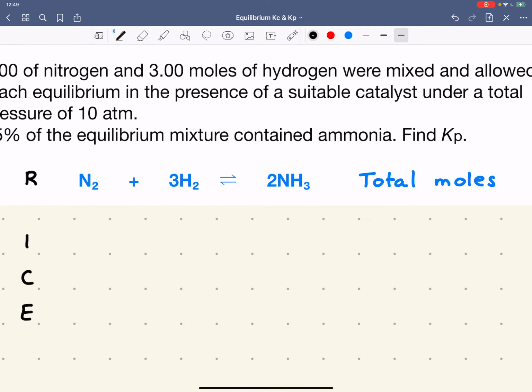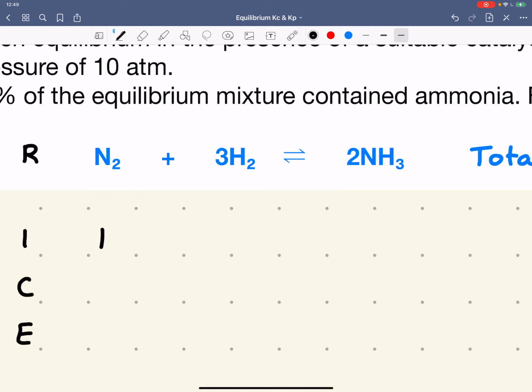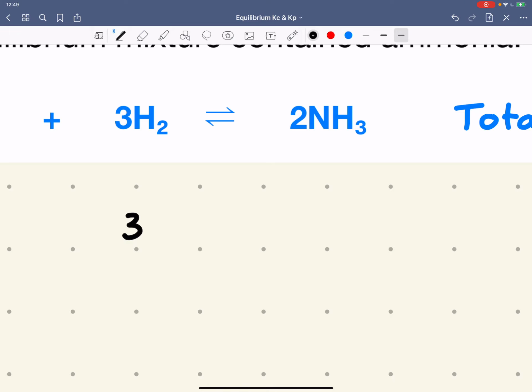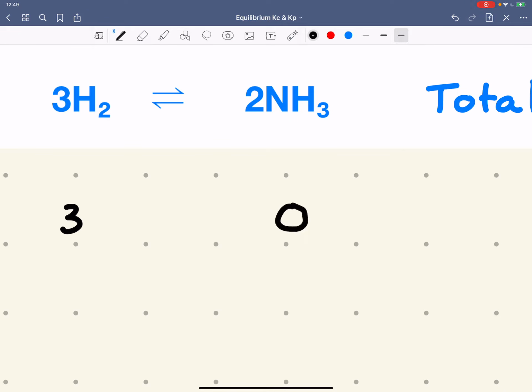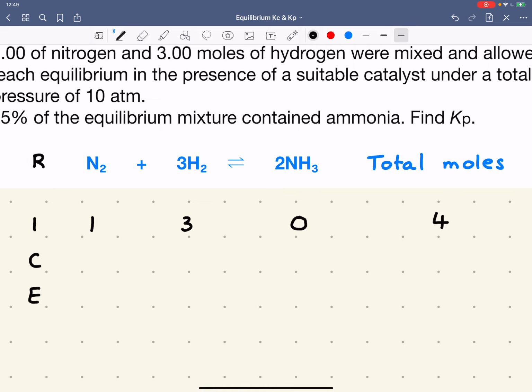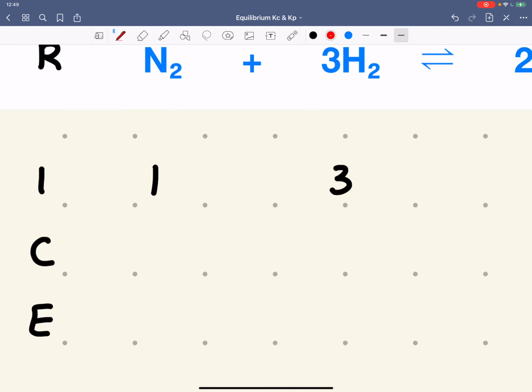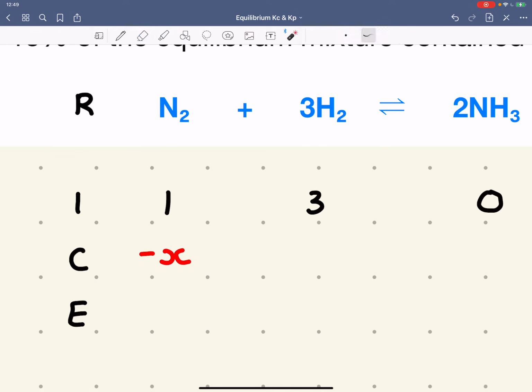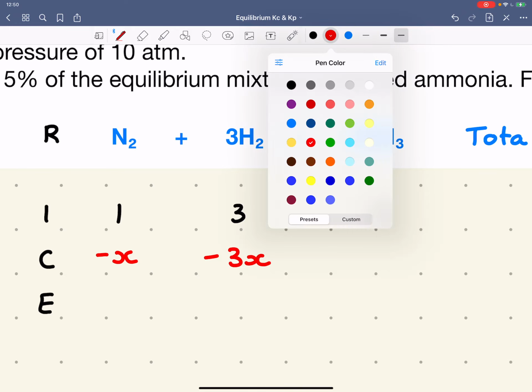So what I've been told then is I've got 1 mole of nitrogen and 3 moles of hydrogen, and we always assume, if we're not told otherwise, that we've got 0 moles of products, and that gives me a total number of moles at the start of 4. Now the change: nitrogen will go down by x, and for every mole of nitrogen that reacts, 3 moles of hydrogen react, so this will go down by 3x.